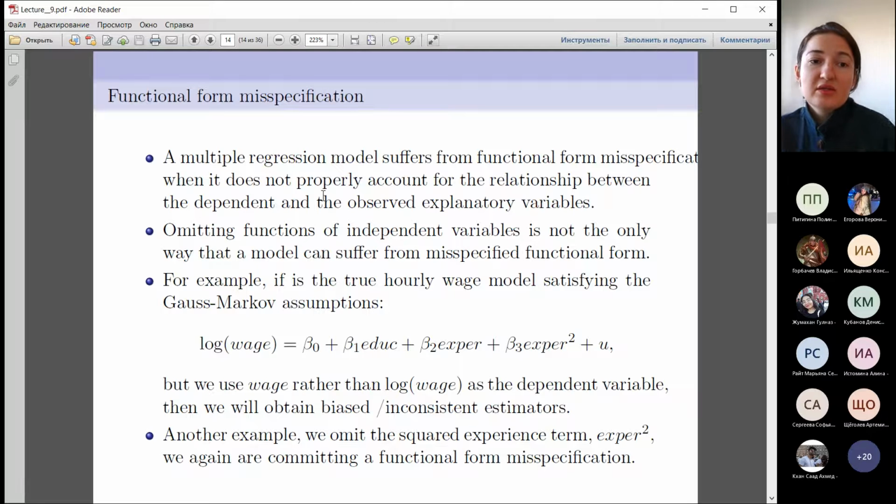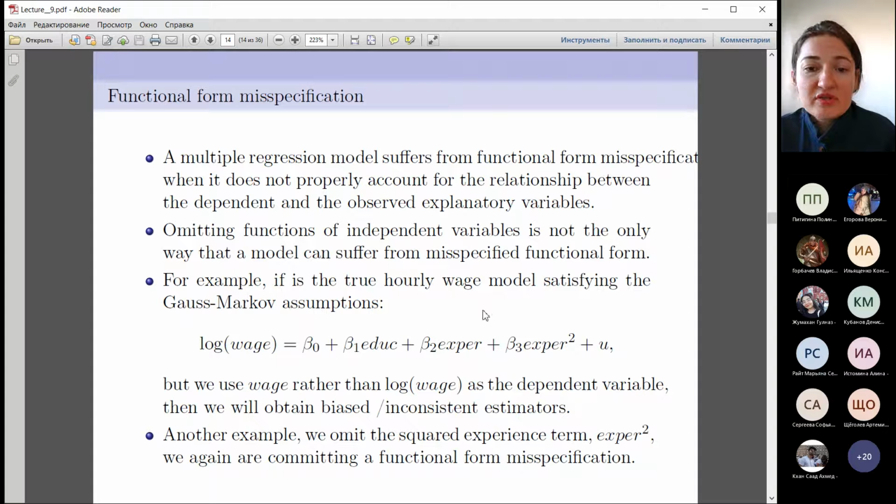It means that you don't properly account for some relationship between the dependent and the observed explanatory variables. For example, omitted variable bias, yeah, omitting a function of independent variables is only one way that a model can suffer from functional form misspecification.